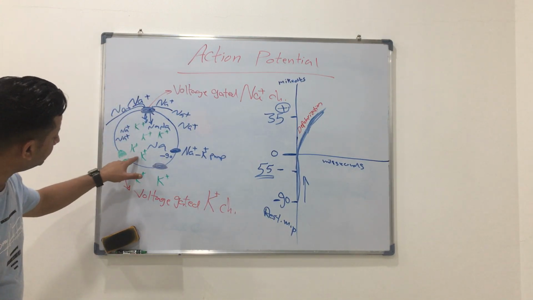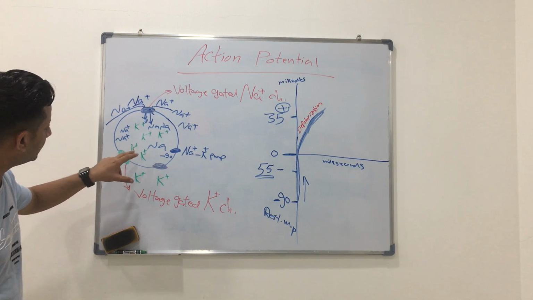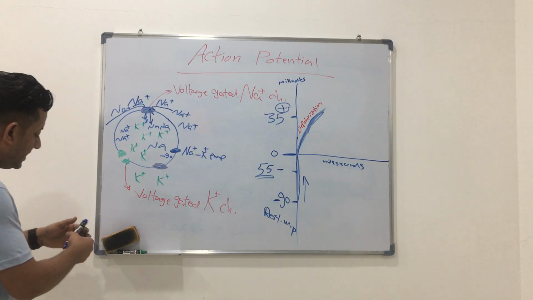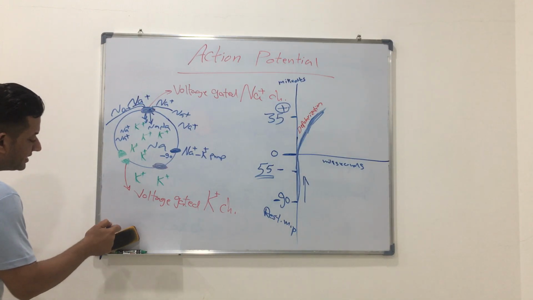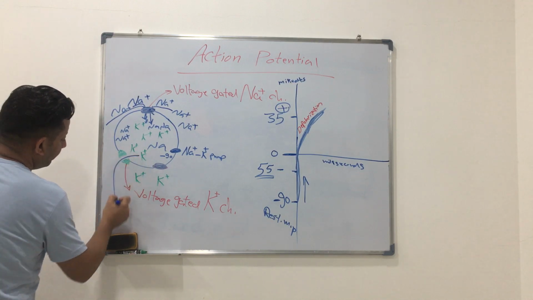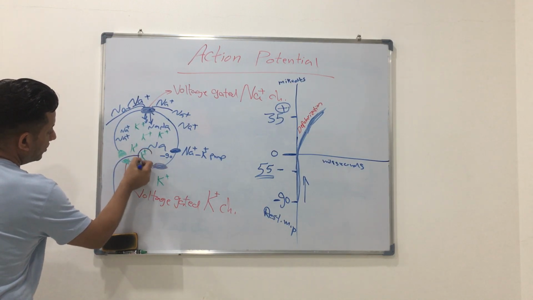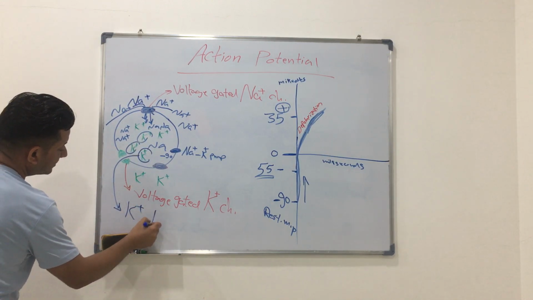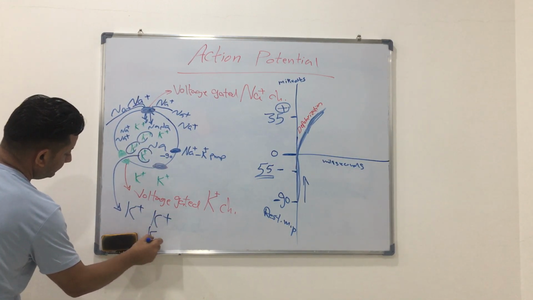When voltage-gated potassium channels are open, there will be a huge exit of potassium ions from inside of the cell to the outside of the cell.